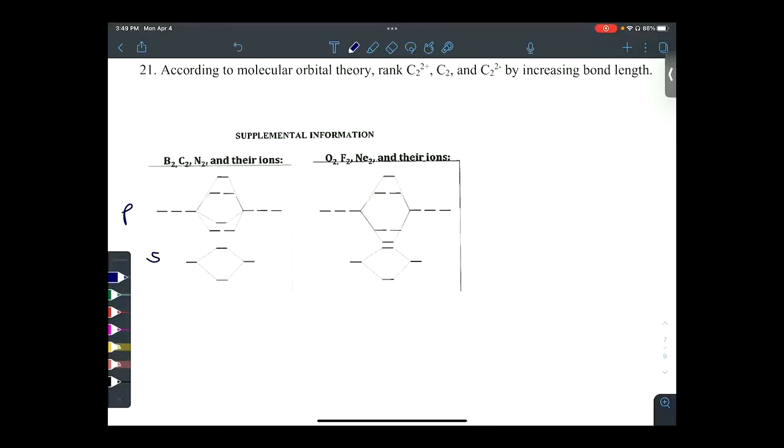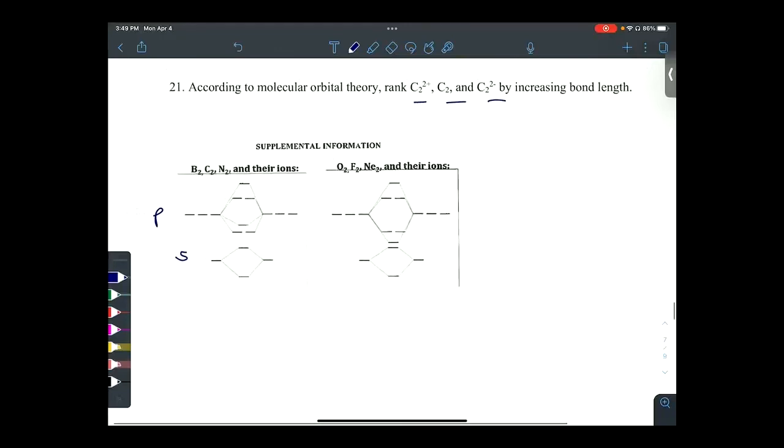So really what you need to be thinking about is the number of valence electrons for each of these diatomics. So I give you a series, but the trick here is you always start with the neutral diatomic, then add or subtract electrons as needed to make those cations or anions. But let's think about what the question's actually asking. It wants us to rank these in increasing bond length.